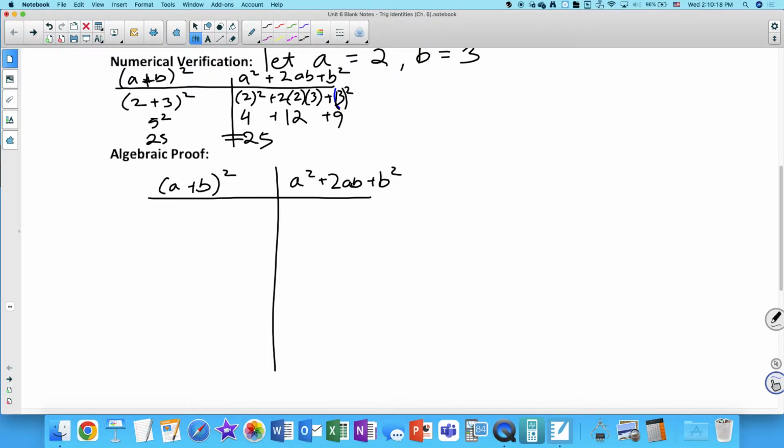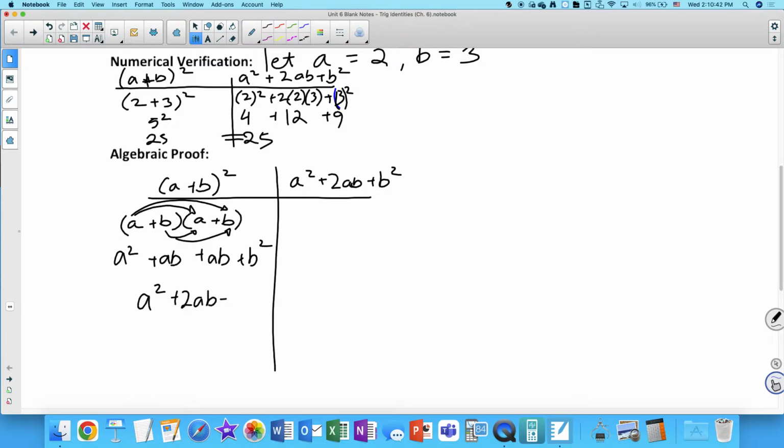And that is true. If we expand, (a + b)² is (a + b)(a + b), and then we can use distribution. So this is a² + ab + ab + b². And we get a² + 2ab + b².